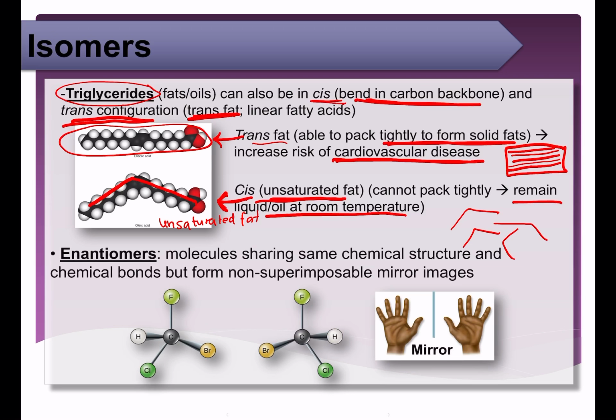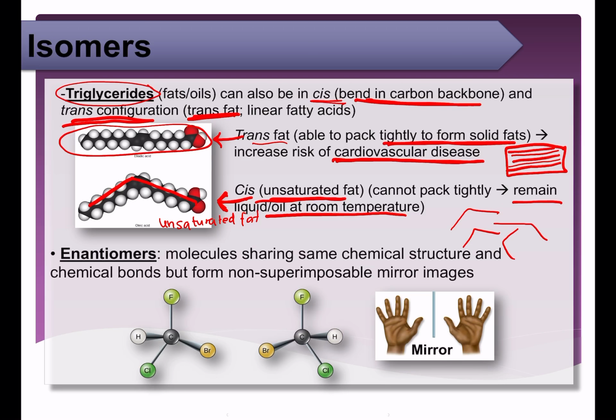enantiomers. Okay, so we have structural isomers, which are different ways that the atoms can be bonded to each other. Geometric isomers, which we're talking about cis versus trans, where the arrangement of the different groups or of atoms can differ between two molecules.